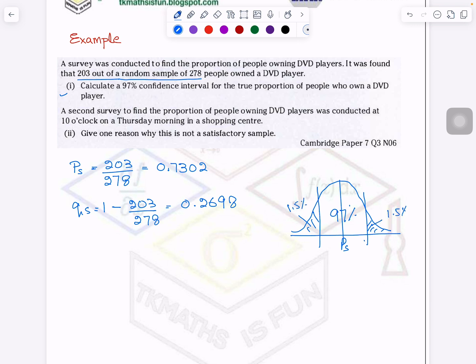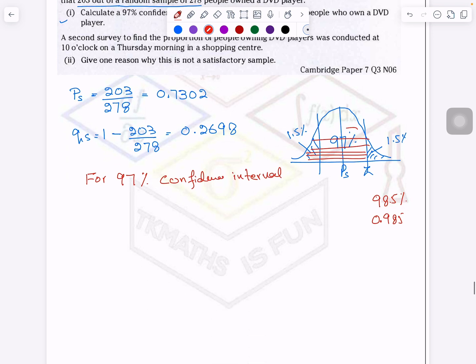So if you have to find this value of z, which proportion will you read in the z table? 98.5%, which is 0.985. So read the z value against this. And how do you write it? If you want to be very specific in steps, for 97% confidence interval, in the exam definitely you will have one such question, so you should write each and every step.